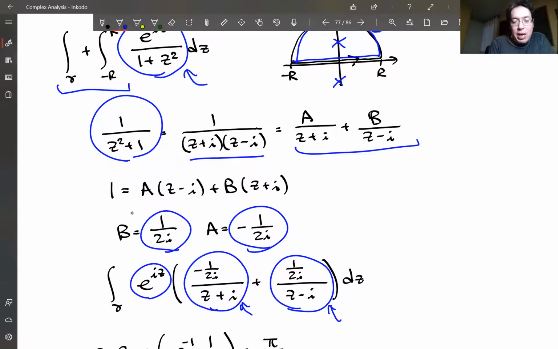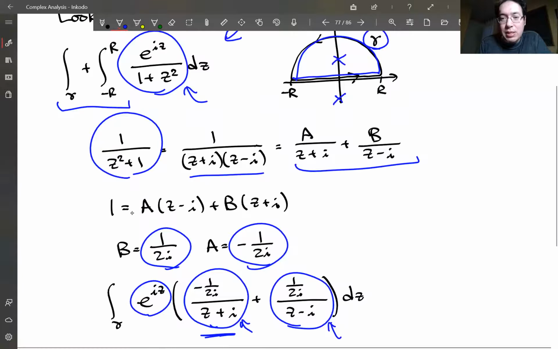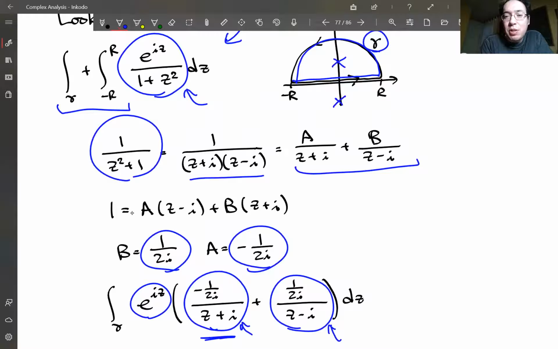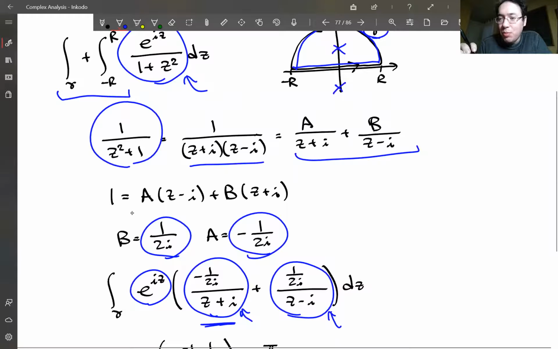Note that for the first fraction, or the first integral, we're going to get 0 because there's no division by 0 inside of the loop. So you could shrink the loop, and then we get the integral equal to 0.